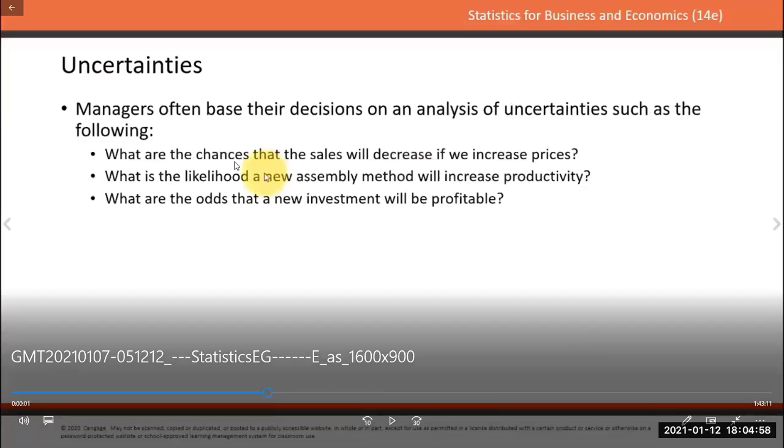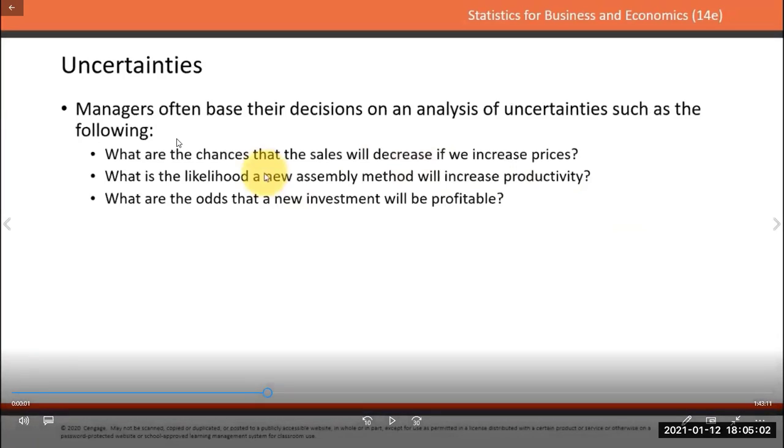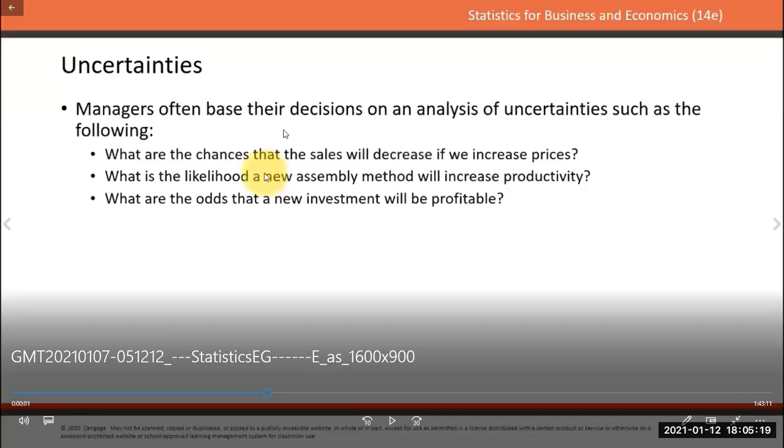Okay, so here you can see probability can be used in many places, but it can certainly be used in business. And here we have some situations where you might use probability. Managers often base their decisions on analysis of uncertainties. For example, what are the chances that the sales will decrease if we increase prices?